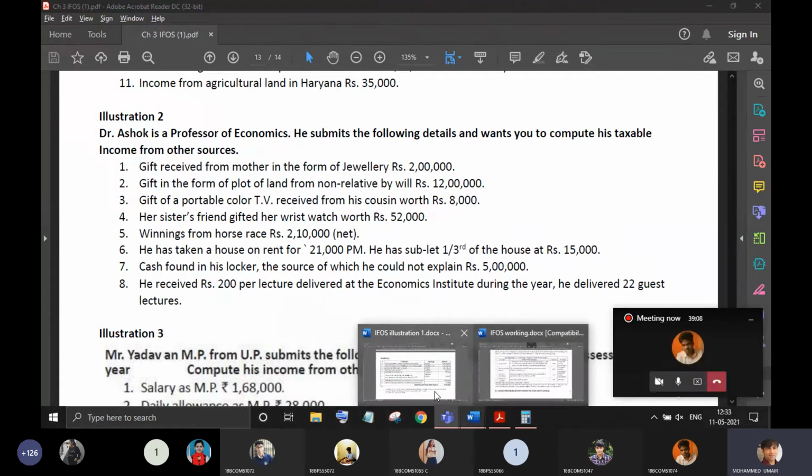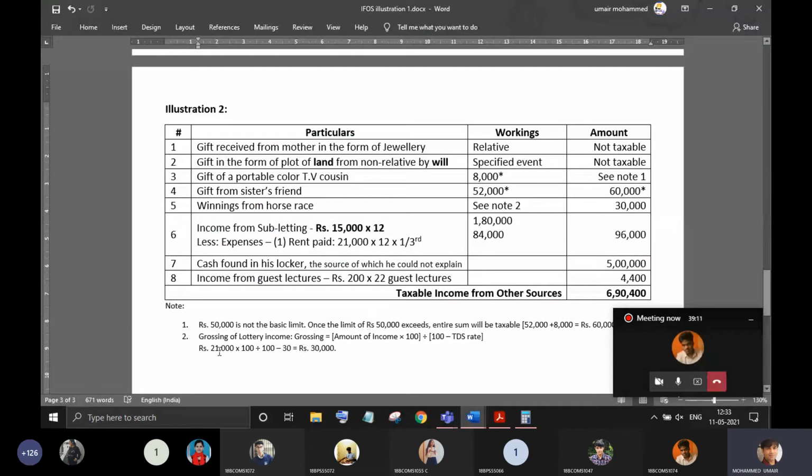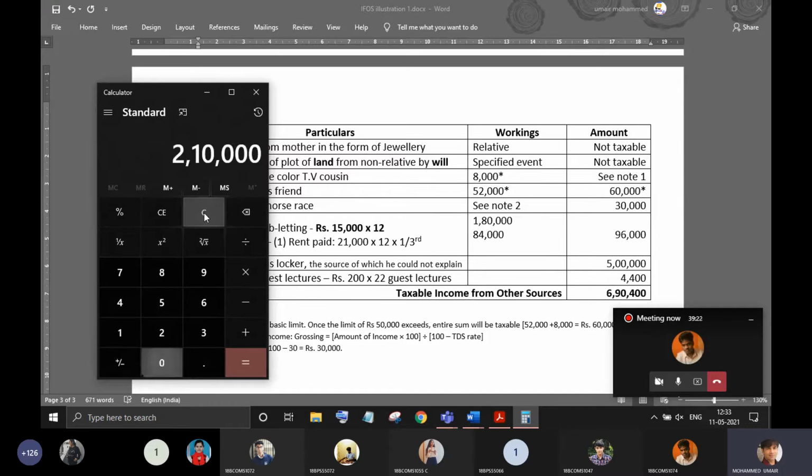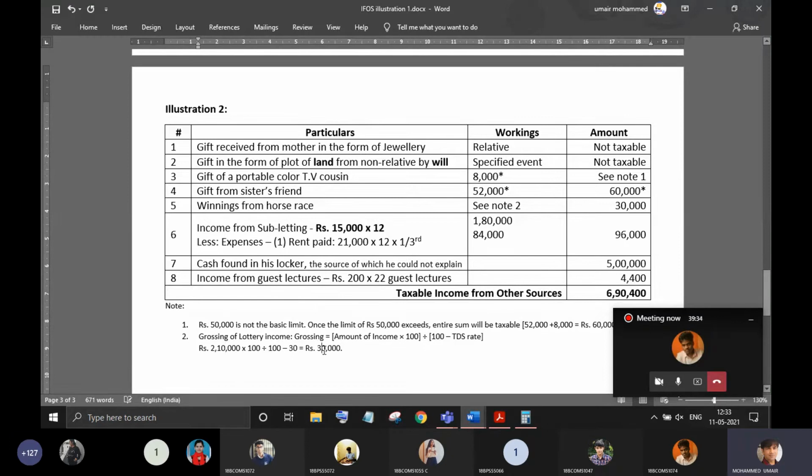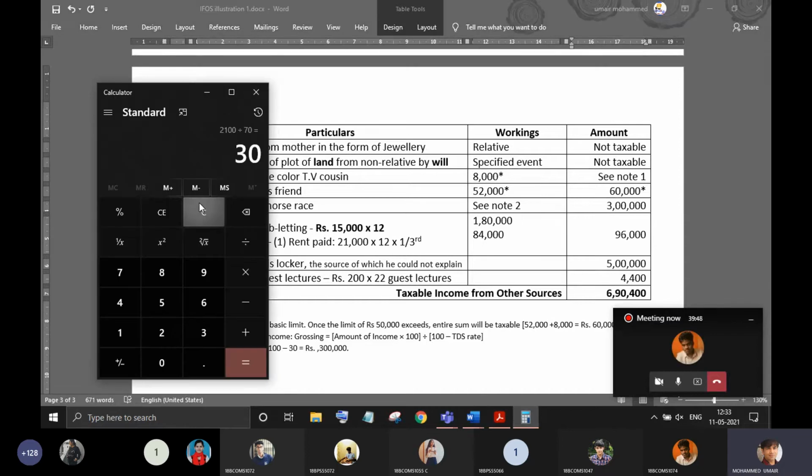Winning from lottery, I think it is 2,10,000. So let's change. So you have changed the total.